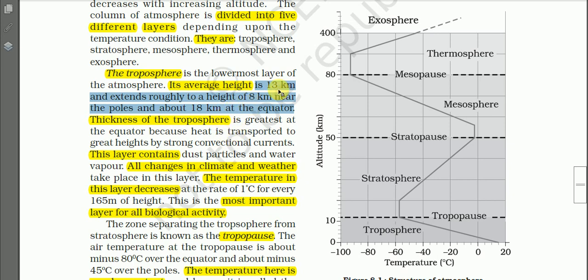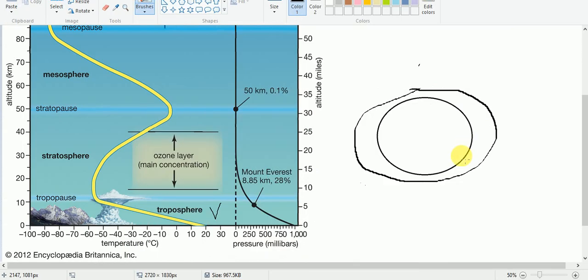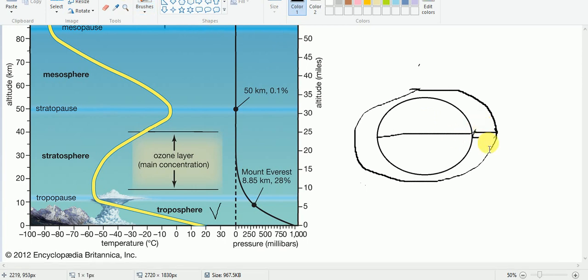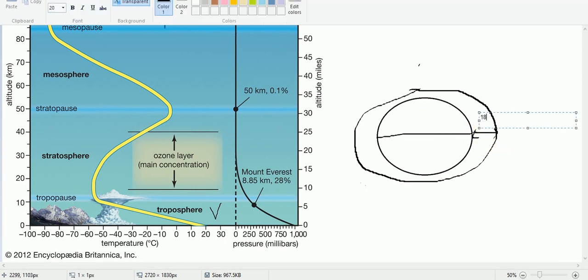Average height is 13 km and extends roughly to a height of 8 km near the poles and about 18 km at the equator. See here, this is the equator, and here at the equator the thickness of the troposphere is 18 km.